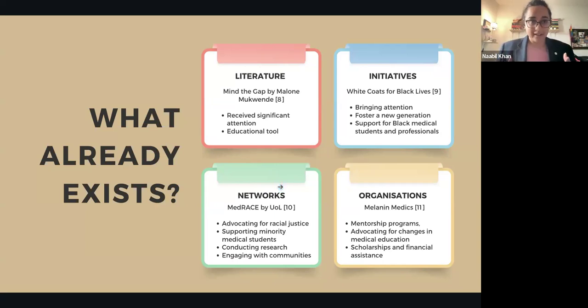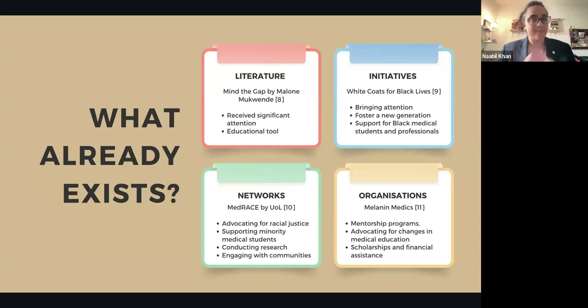These are the 4 main projects I've really interacted with. So in terms of literature, you've got Mind the Gap by Malone Mukwende. This is a very well-known book that was carried out over, I think, 2021, 2022. And it has received significant attention, and it's being used as an educational tool, as it's one of the first of its kind in terms of highlighting racial inequalities in a textbook form, especially when it comes to dermatological presentations.